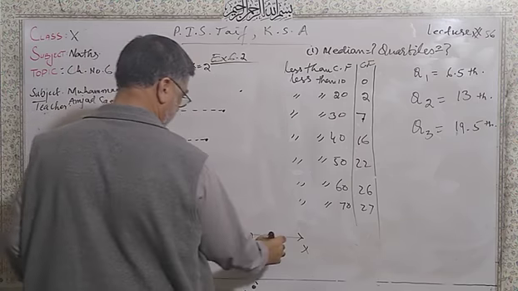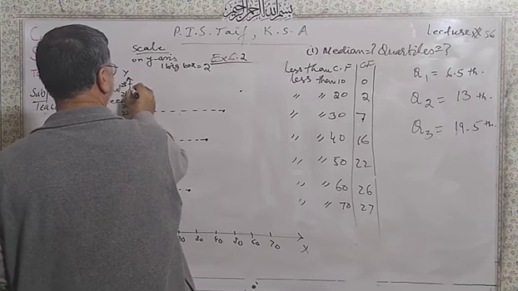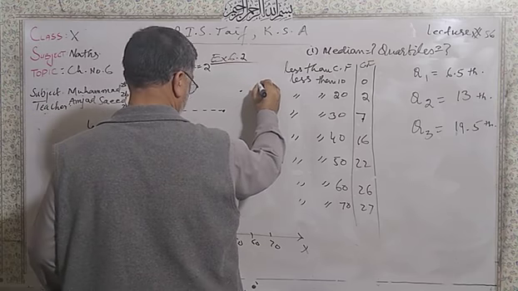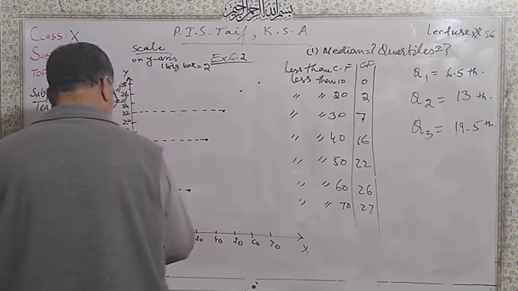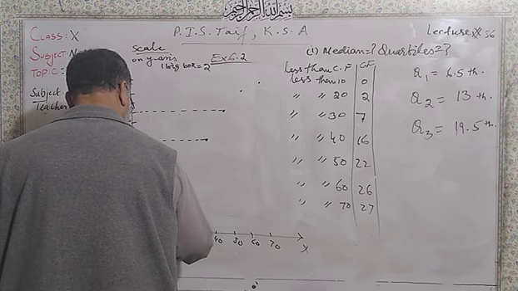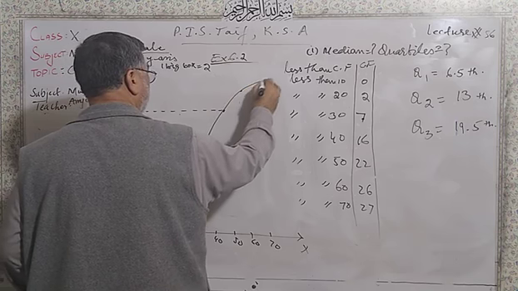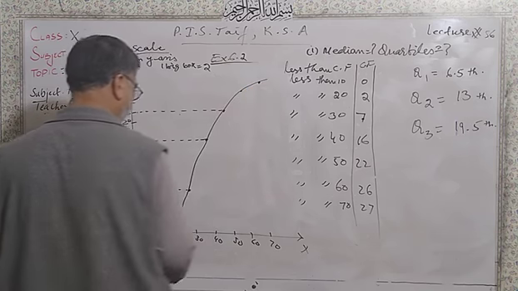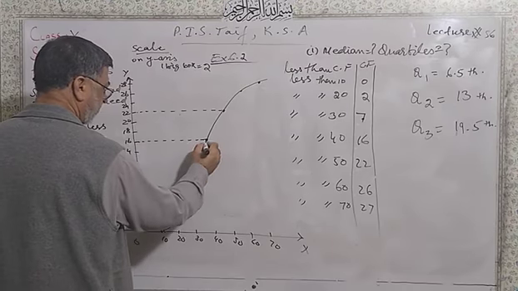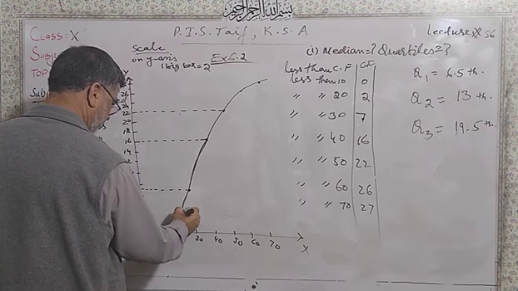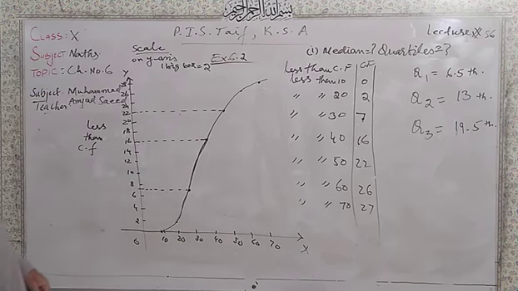And less than 70 is 27, in between that. Dear students, this is your graph.